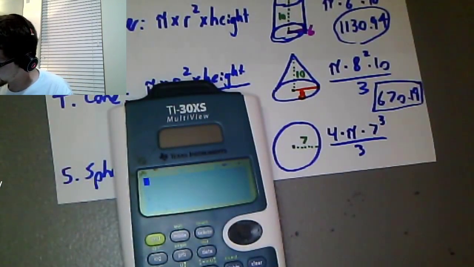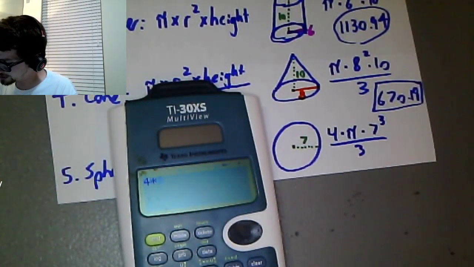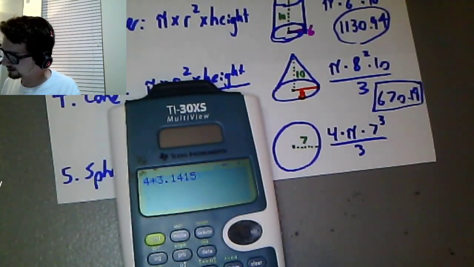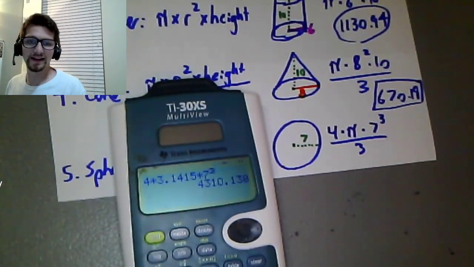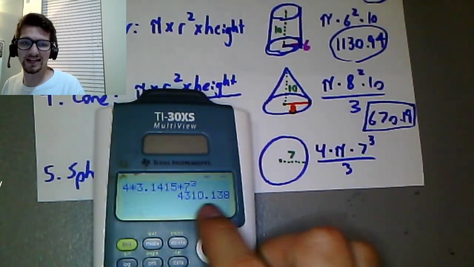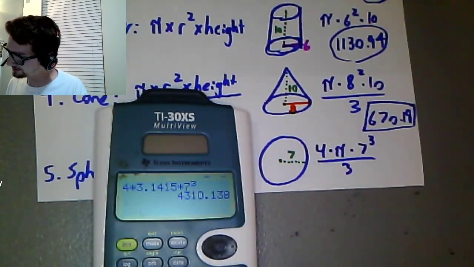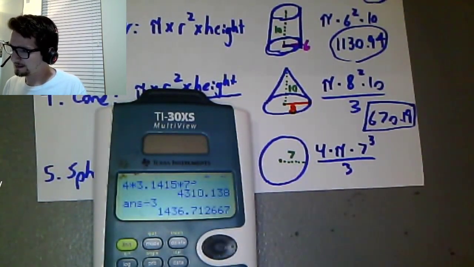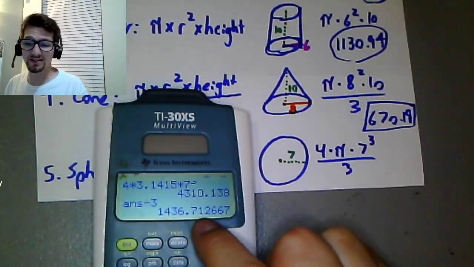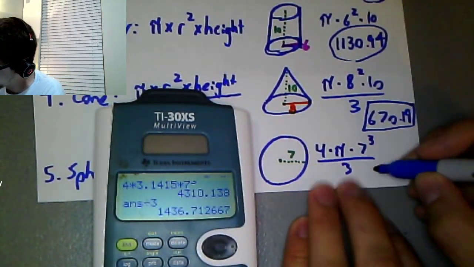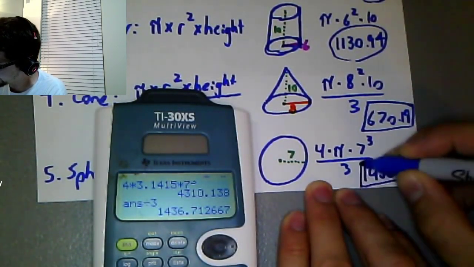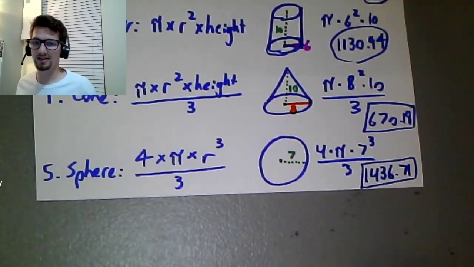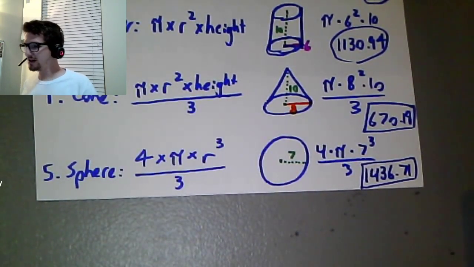So plugging this into my calculator, that would be 4 times pi, which is 3.1415 roughly, times 7 cubed, and that gives me 4,310.138. Divide all that by 3, and I get 1,436.71. And that would be my answer. 1,436.71. Pause the video if you need to finish copying.